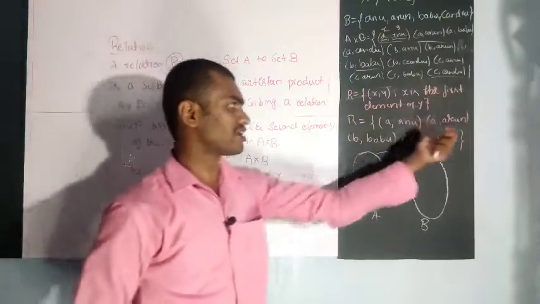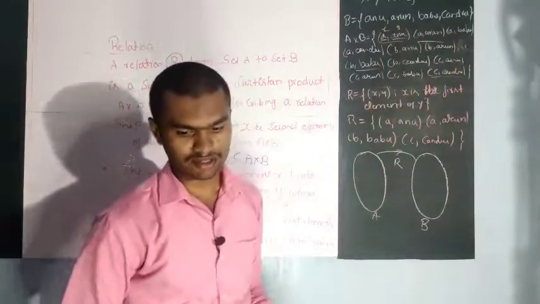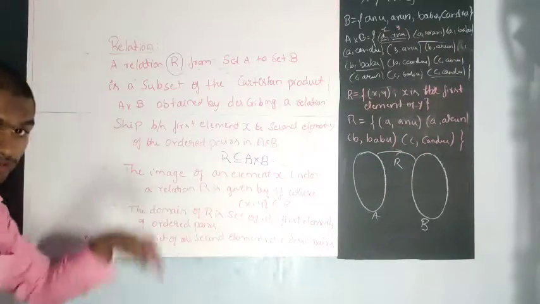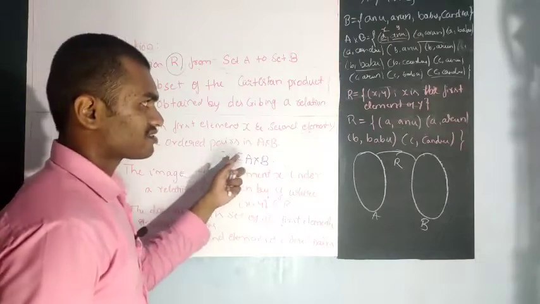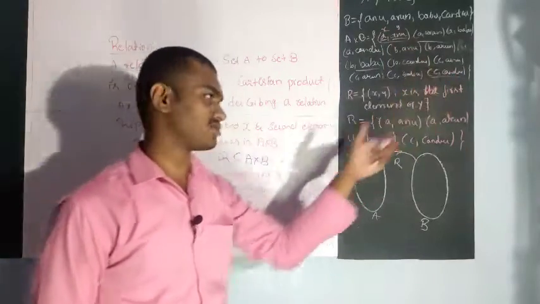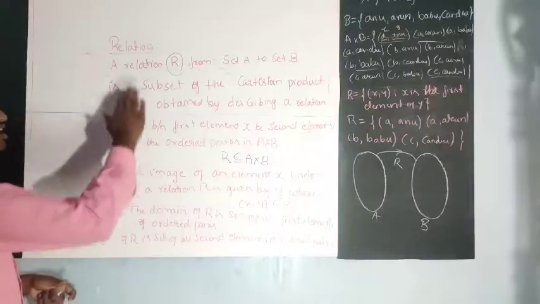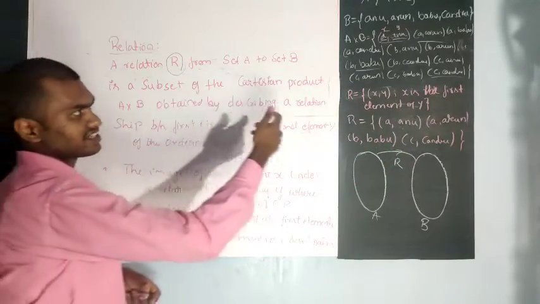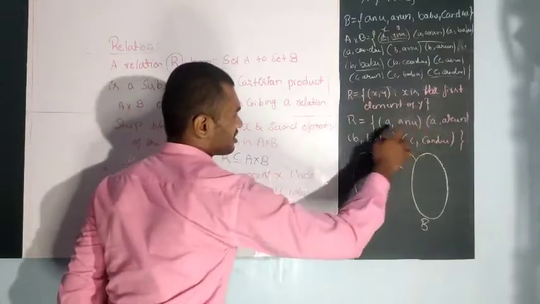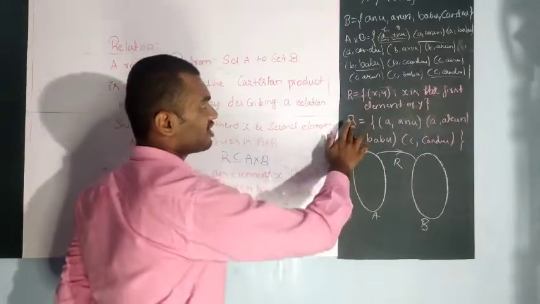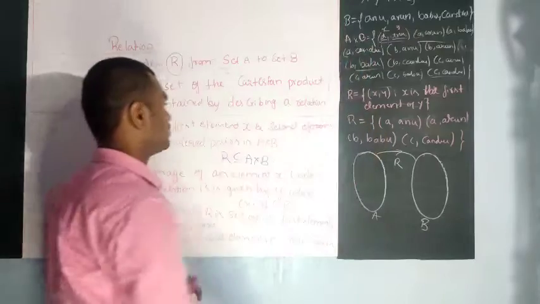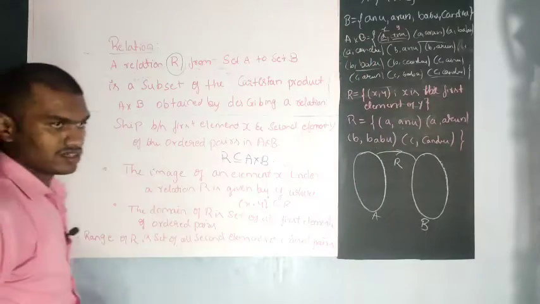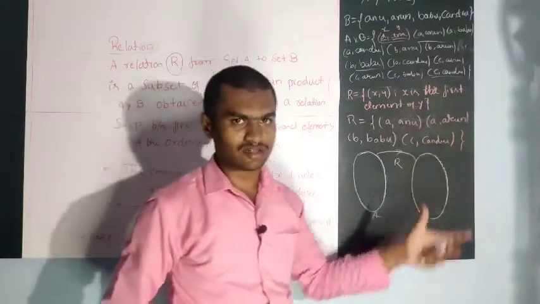Because all the elements of R are in A cross B. That is what they are saying. The elements of R should be in A cross B. That is what the definition says, that relation R from set A to set B will be a subset of A cross B. So how does this subset arise?